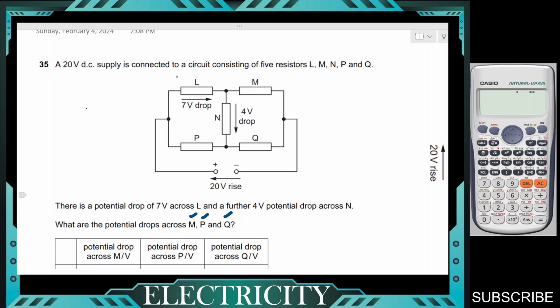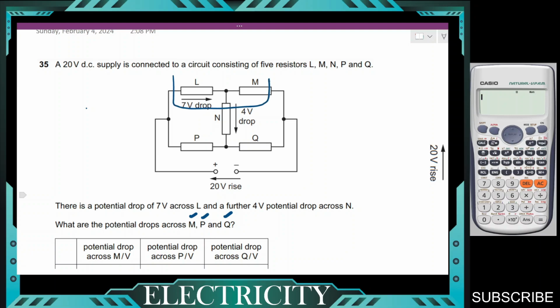So you see, you need to find the PD, potential drop across M, or potential difference across M. And if I consider this thing as a single unit, it is connected in parallel to the battery.